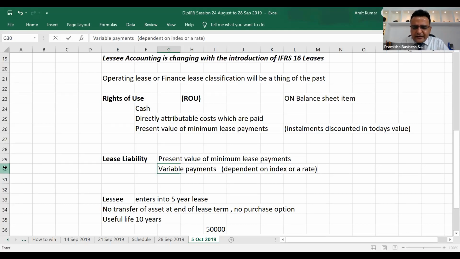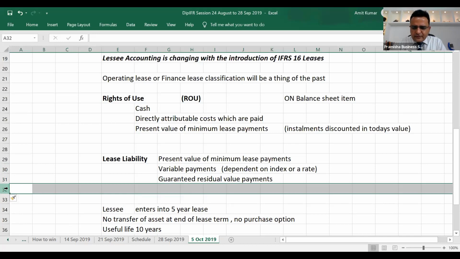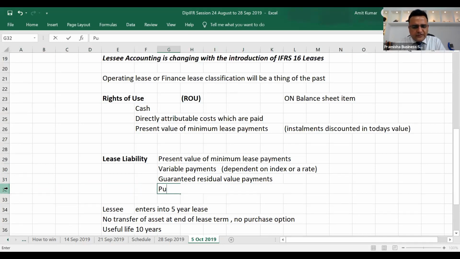There may be guaranteed residual value payments. There may be a purchase option if it is certain to be exercised. These may also result in an increase in the value of liability which we have to record.